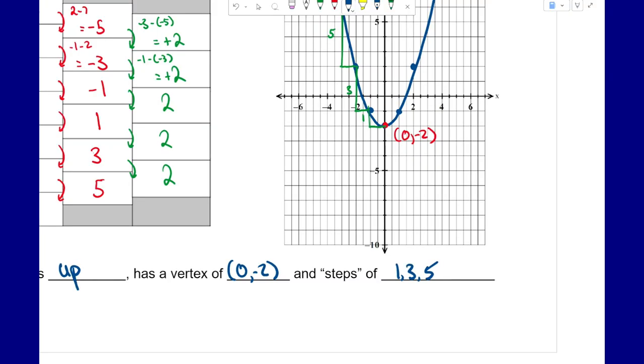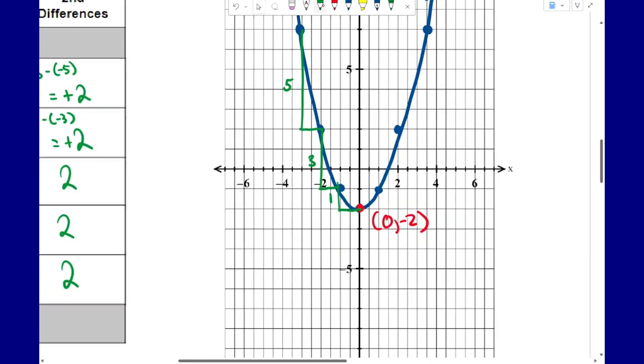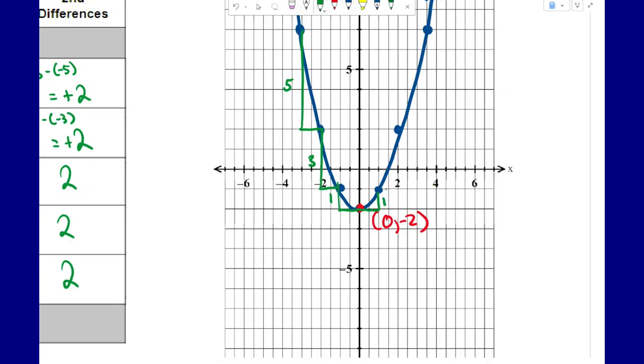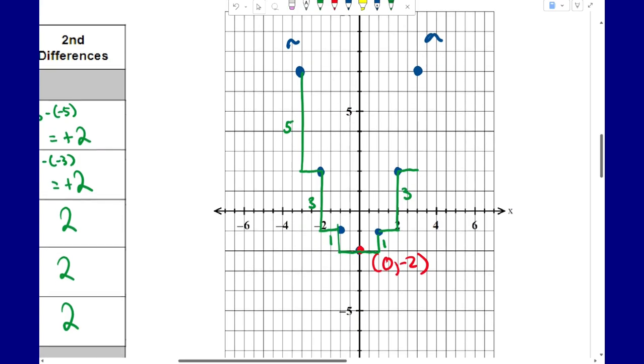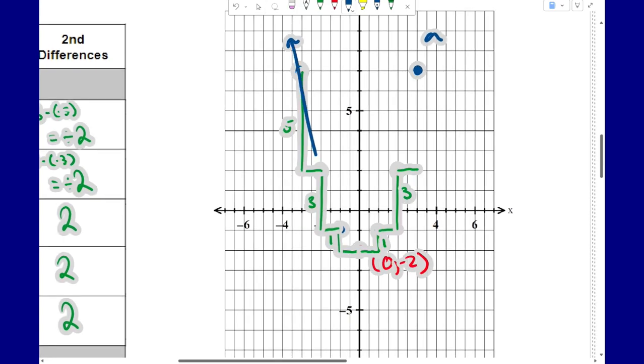And if you were to go to the right, you would get the same thing. So if I go to the right 1 and up, that's an increase of 1. Go to the right 1, increase up, that's an increase of 3. Go to the right 1, and oh, it looks like I didn't draw a point accurately. So it should be right here. So let me just fix that.